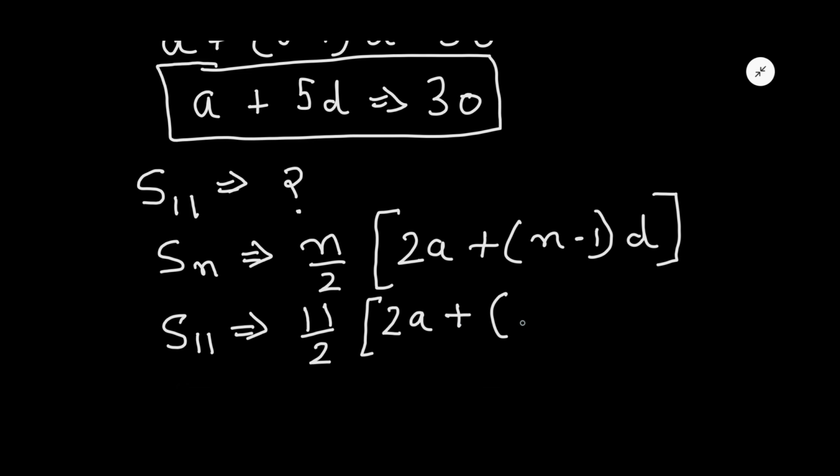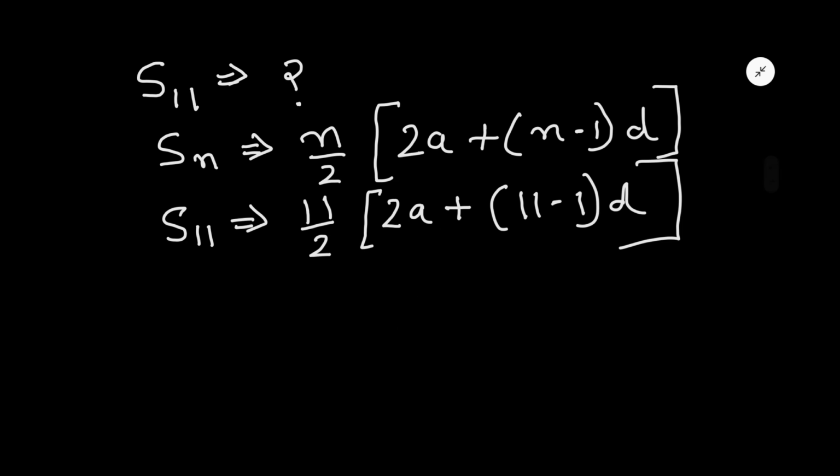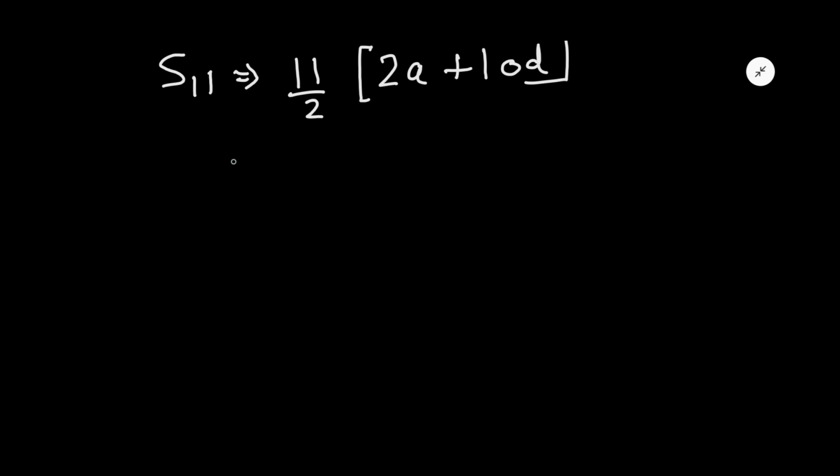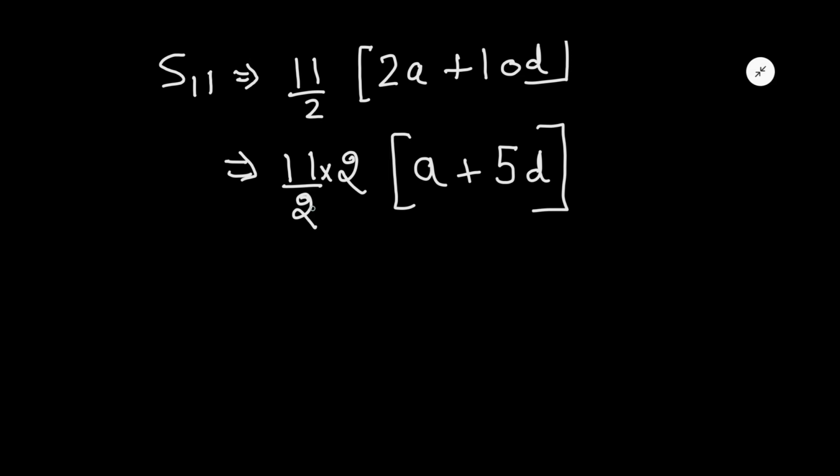into 2a plus 11 minus 1 d. So here S11 is equal to 11 by 2 into 2a plus 10d. If we take 2 as common, we get a plus 5d. 2 and 2 will cancel, so the remaining equation is 11 into a plus 5d.